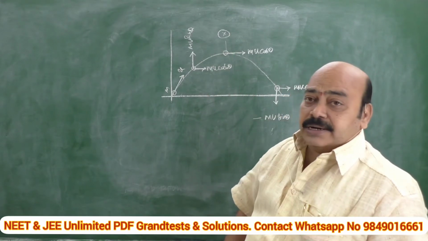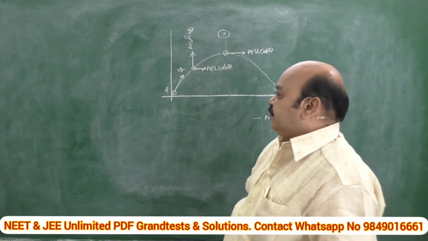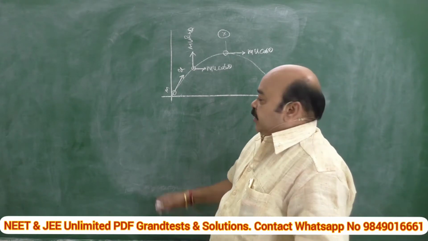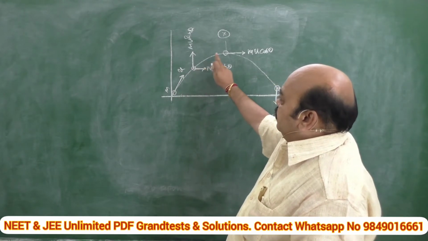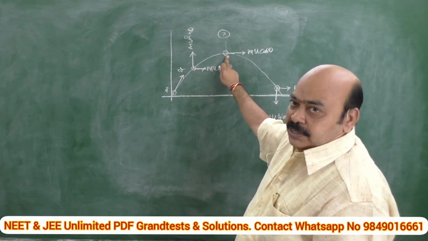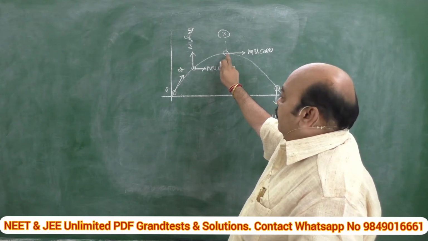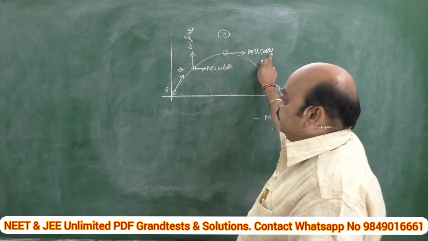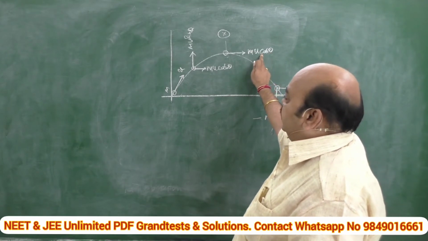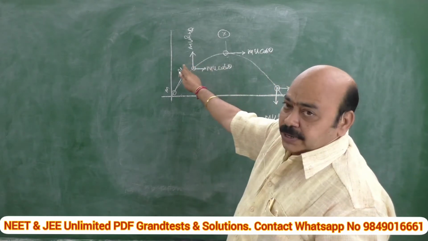So how do we calculate the change in momentum in three different cases? Here, for example, if the question is the change in momentum at the highest point, what is the momentum at this point? Mu cos theta. This is final. What is the vertical component?